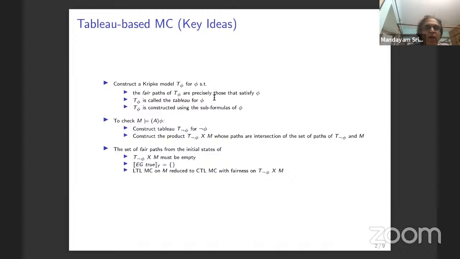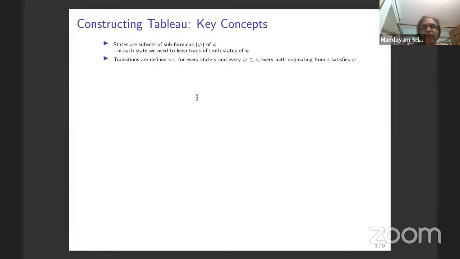How you do the Tableau construction is the main crux of the thing, and the correctness of this method is very much based on proving that the tableau that you construct faithfully implements the LTL semantics of the formula.